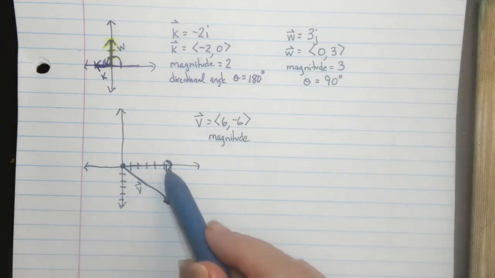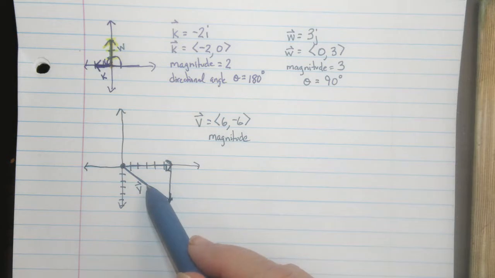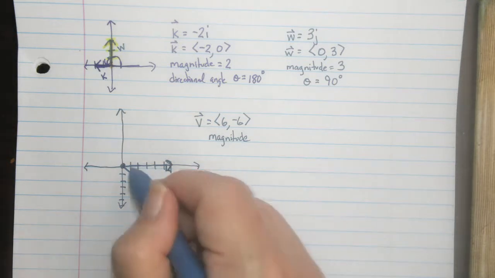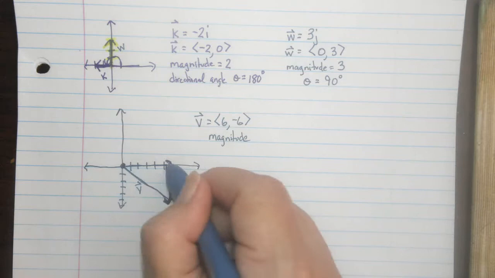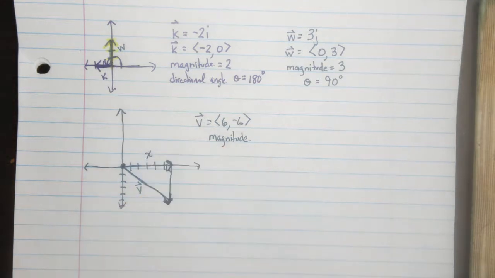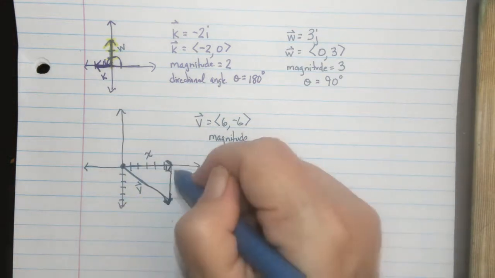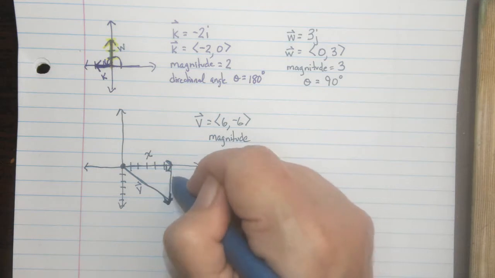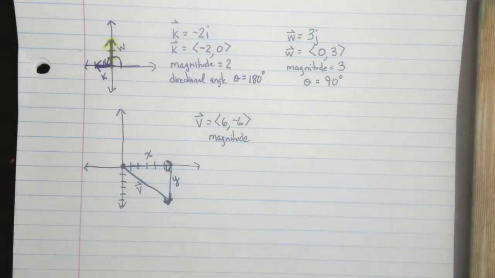That vector is the hypotenuse of the right triangle. So if this leg is my x, because it's my horizontal distance, and this leg is my y, and I do the Pythagorean theorem, x squared plus y squared equals the hypotenuse squared, then if I wanted to know the hypotenuse, I'd take the square root.